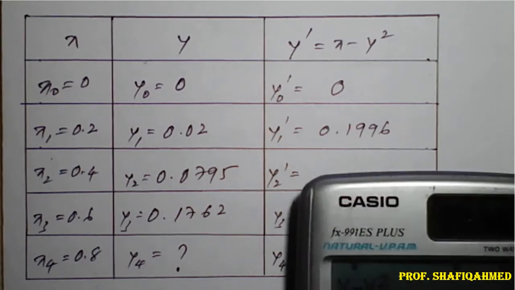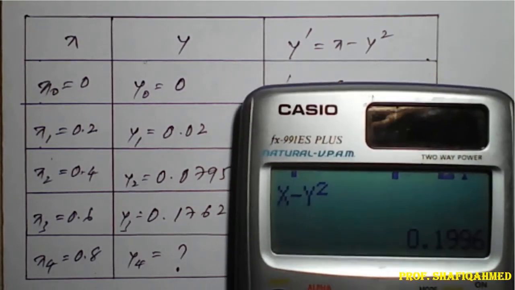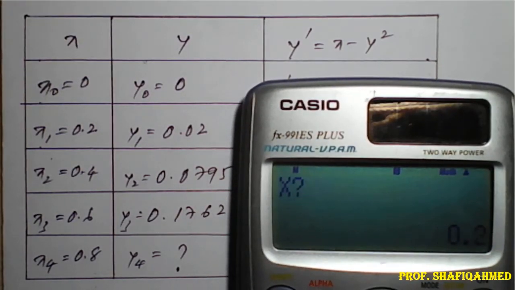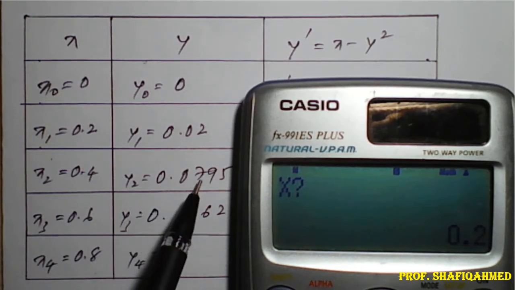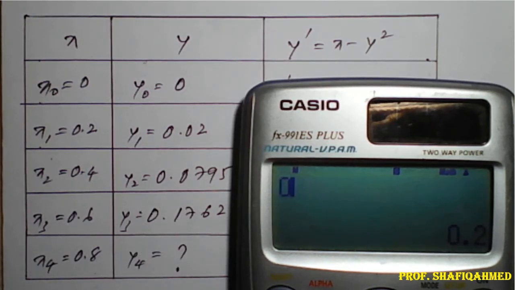Next value, when x is 0.4 and y is 0.0795.